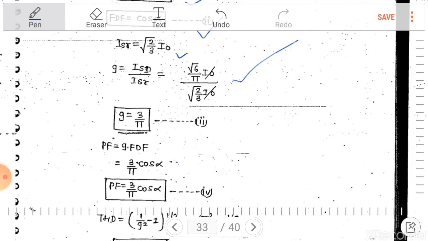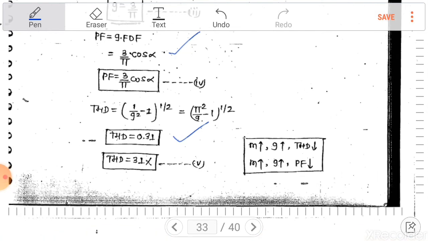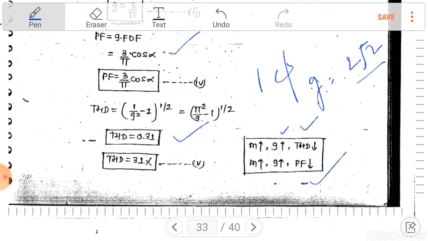So the power factor is 3 by pi cos alpha, and total harmonic distortion is 31%. So we have concluded that when the pulse number increases, distortion factor increases and total harmonic distortion gets reduced, because in single phase G was 2 root 2 by pi and here it is 3 by pi.